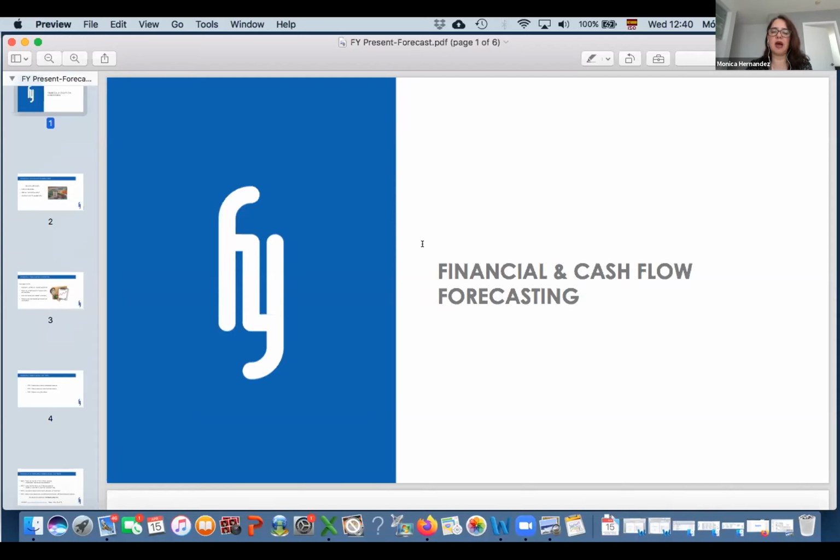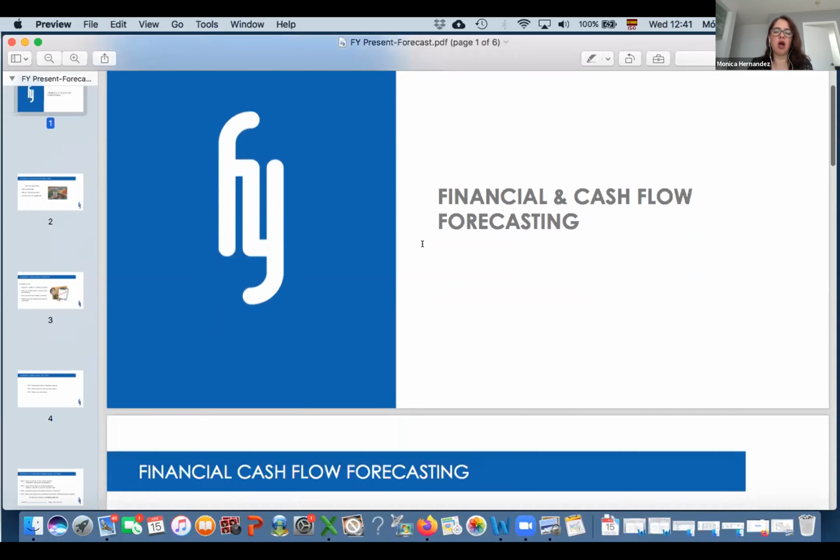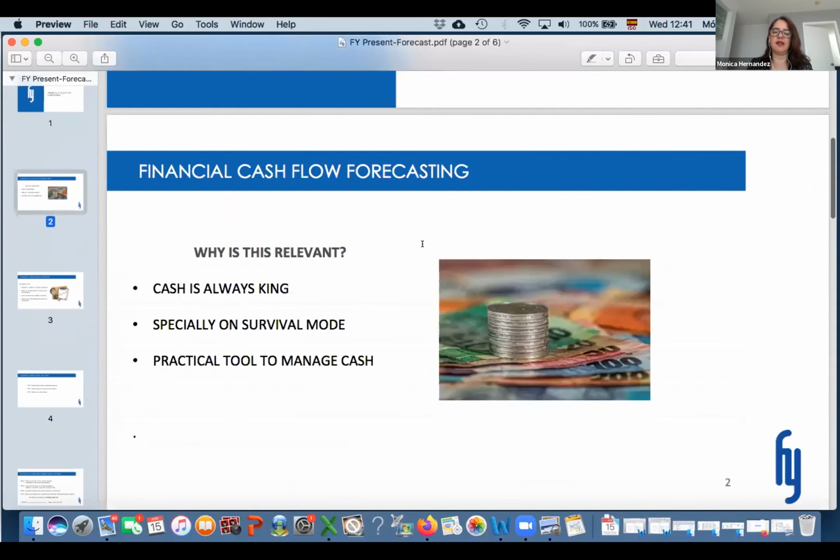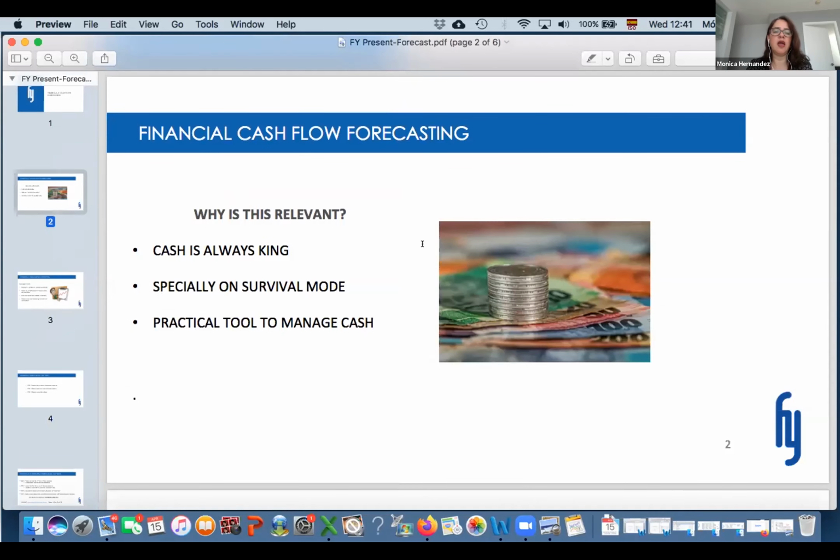I'm going to talk about a financial and cash flow forecasting tool. The reason we want to discuss it is, as you already know, this is very relevant not only in normal times, but especially in a crisis time like this.